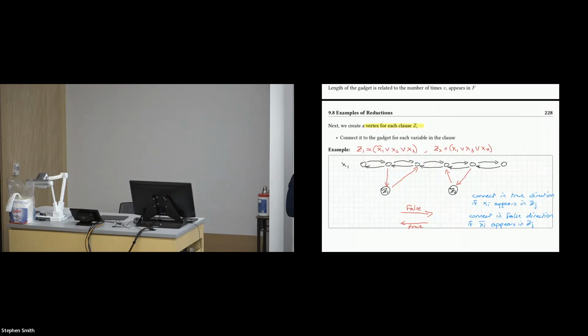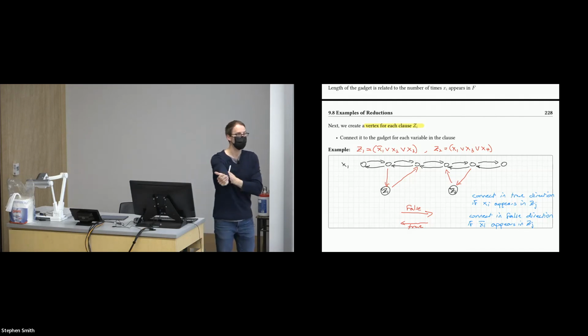There won't be a way to skip between them. Maybe when I draw the final example, it'll be clearer why with this construction you can't cheat it. But it's exactly the right concern.